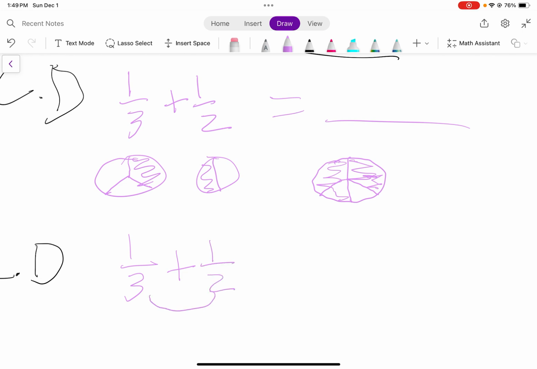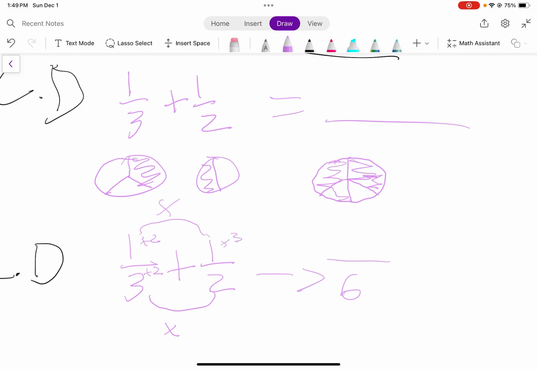So to do this, we will multiply to find the common denominator. So I will tell you that this is 6. Now we will multiply the numerators by the same number that we multiplied the denominator by. So this would be 2, this would also be 2.